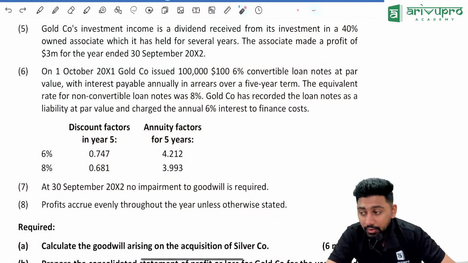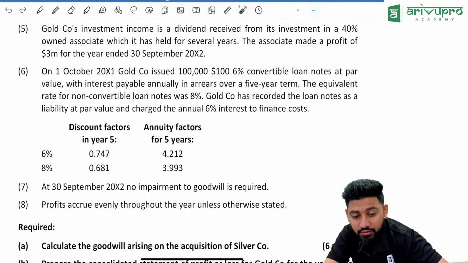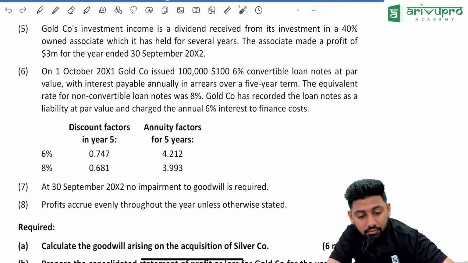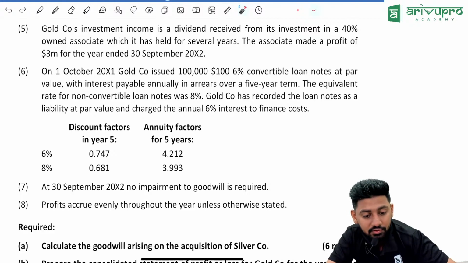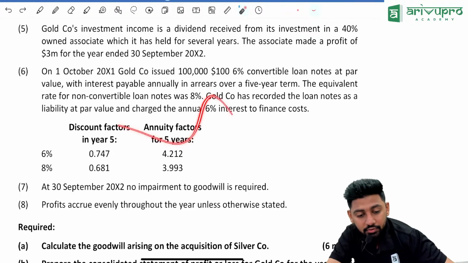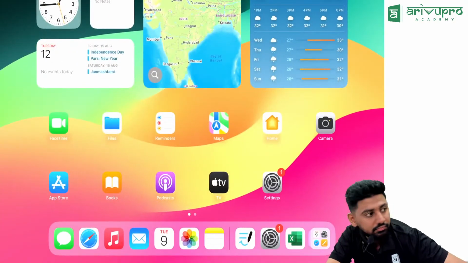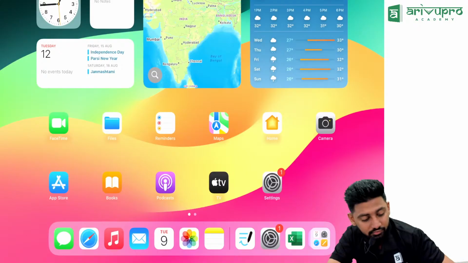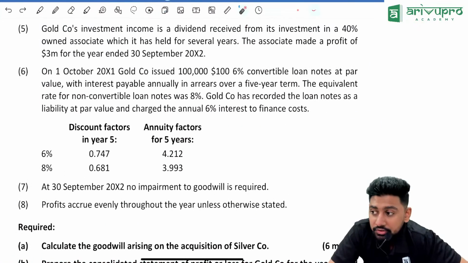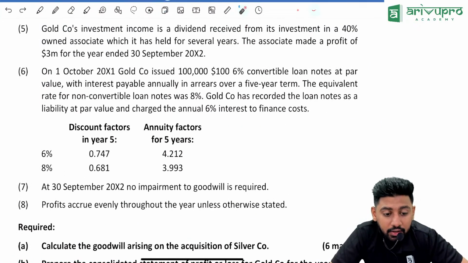No. The problem is on 1st of October 2011, Gold issued 100,000, 6% loan notes at par, with interest payable annually in arrears over a 5-year term. The equivalent rate for a non-convertible loan note was 8%.